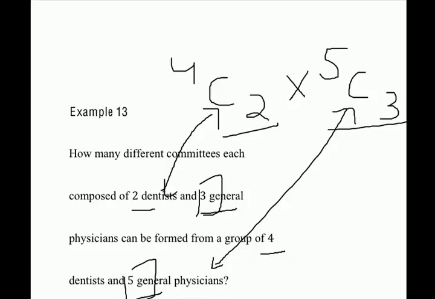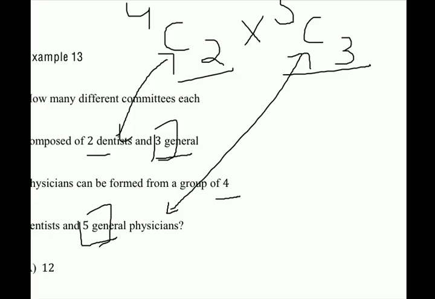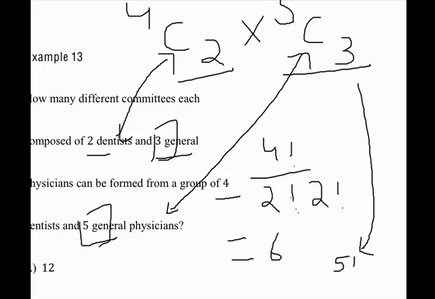Let's calculate this. 4C2 is 4 factorial divided by 2 factorial times 2 factorial, which is 6, and 5C3 is 5 factorial divided by 3 factorial times 2 factorial, which is equal to 10. So the answer is 6 times 10, which is 60.